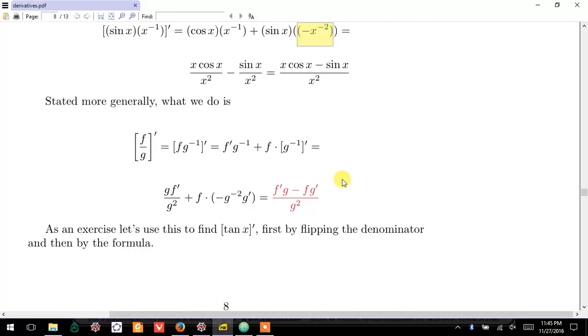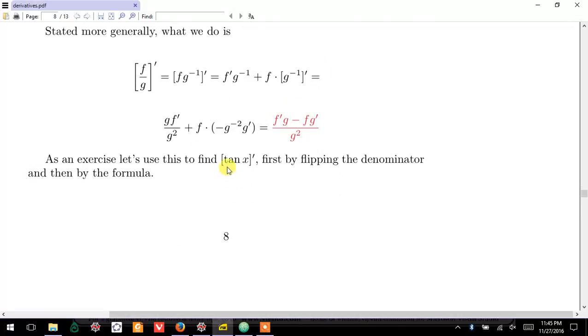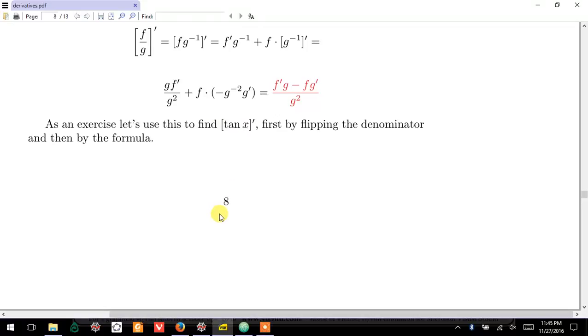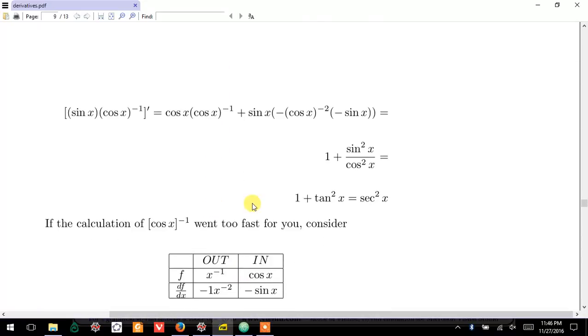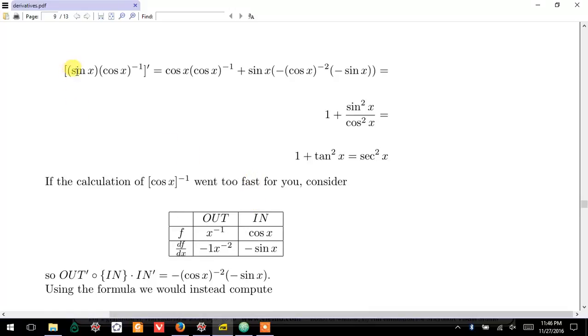A fairly simple rule. Let's take a look at tangent and see how you could get its derivative using the fact that it's sine over cosine, where now we can't use the power rule on that denominator, and it's a little bit harder. So here's the derivative, right? I flip that denominator up to the top and give it a negative exponent.